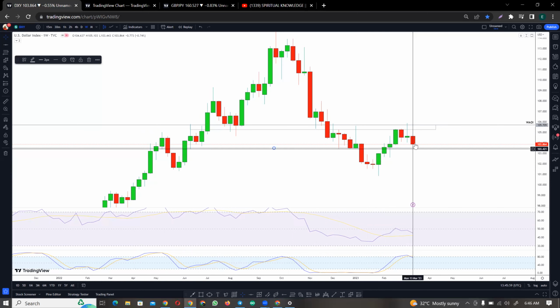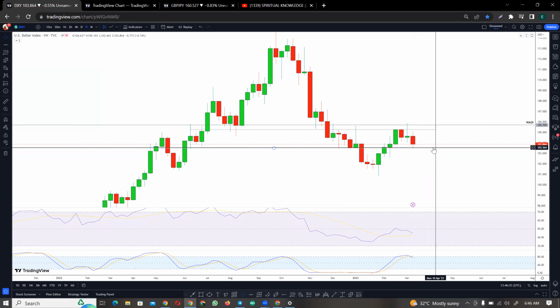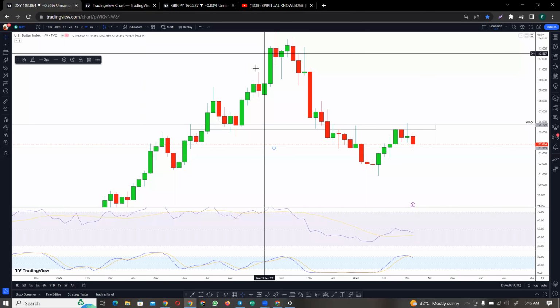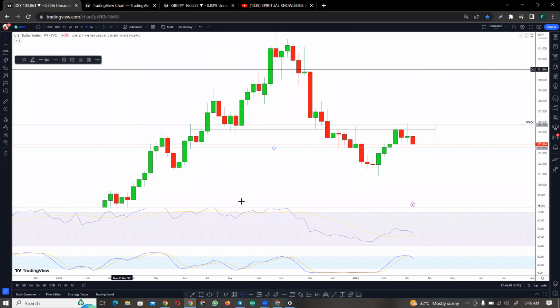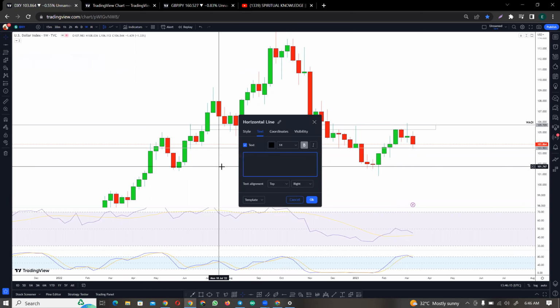And with what you can see, the market is rejecting it. So we call this place now a weekly support zone.